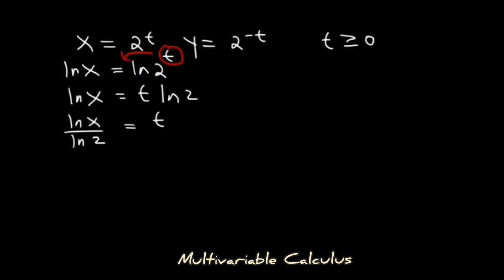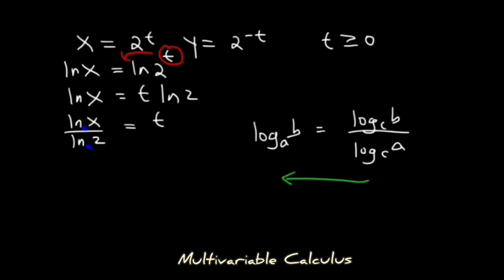The base of the natural log is e, but we can use the change of base formula. For example, log base a of b is equal to log b divided by log a with a new base, in this case base c. Base c is like base e, so we need to go back this way. We could eliminate the natural log function and use the regular log.